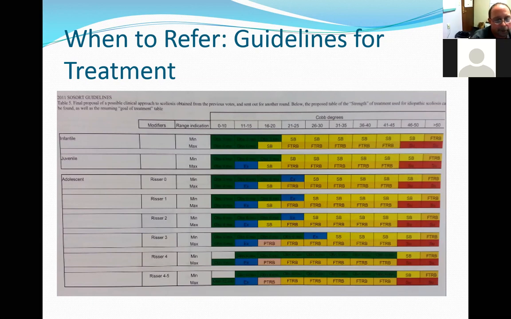So all that's there to help guide you through. The SB there is a soft brace. Then you have the FTRB, which is full-time rigid bracing. Then you have your exercises, EX, and then of course you have observation in most of these cases. So this is something maybe if you want to look at later, if you have questions about, you can always contact me and ask me about it later.